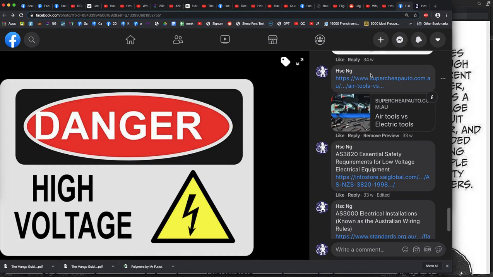So the 5 steps in reducing hazards are, first of all, eliminate the hazard. So just don't do that job. The second thing is that if you can't eliminate it, substitute it for something safer. The next thing is if you can't substitute it for something safer, then you should put up physical barriers to protect people. If you can't put up a physical barrier, you should have rules, so administrative controls. And then if you can't just rely on rules, if you have to do it, then you should wear safety equipment.